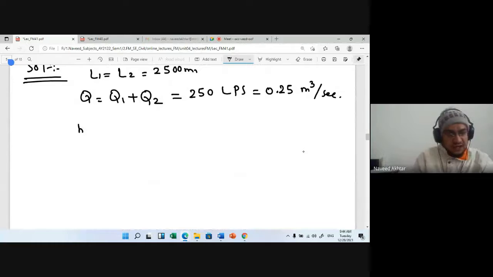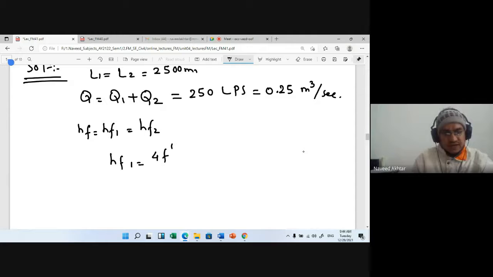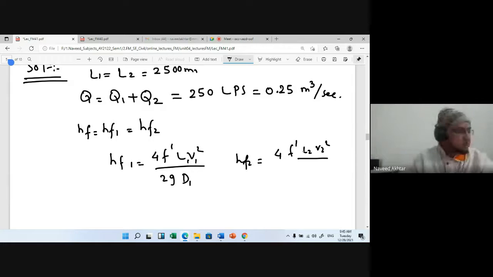Now pipes are in parallel, meaning HF is equal to HF1 is equal to HF2. So HF1, if I write, is 4 times F dash L V square upon 2G into D, so you can write 4 F dash L1 V1 square upon 2G D1. Similarly HF2 is 4 F dash L2 V2 square upon 2G into D2.